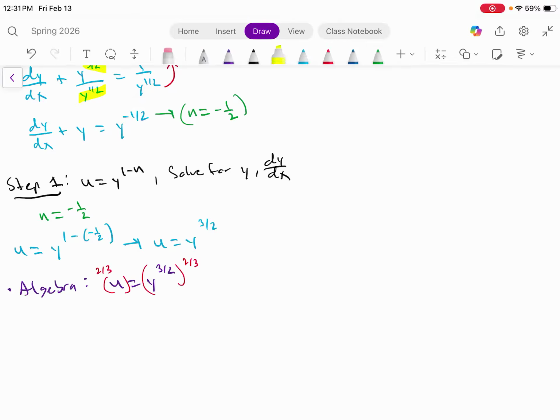When I do that, it'll cancel out the power on the y. And so what I'm left with is u to the 2/3 equals just y, but I prefer the y on the left-hand side. And so I have y equals u to the 2/3.